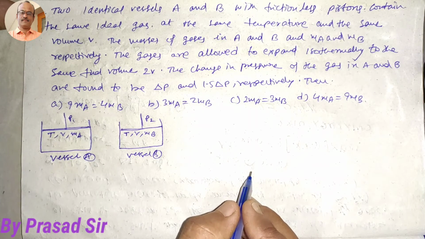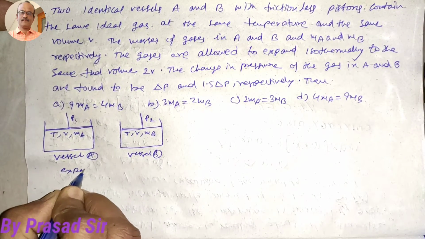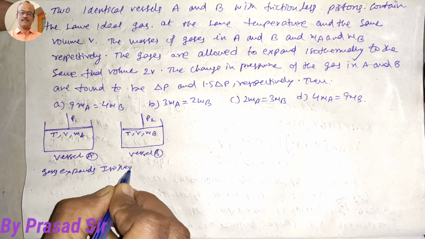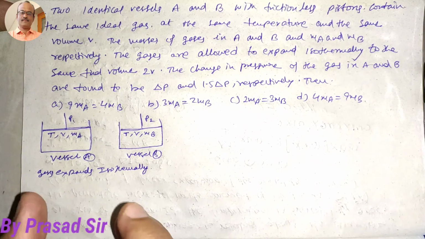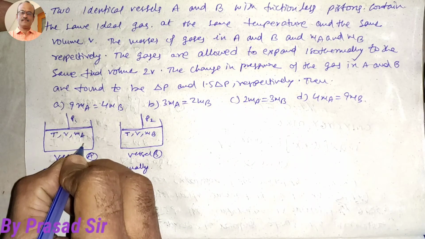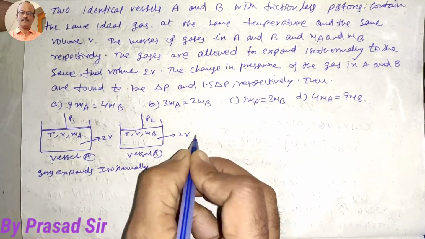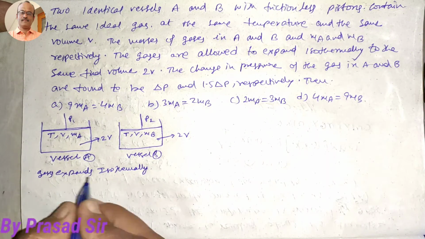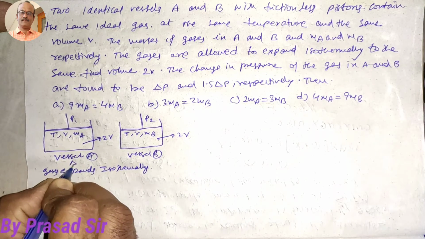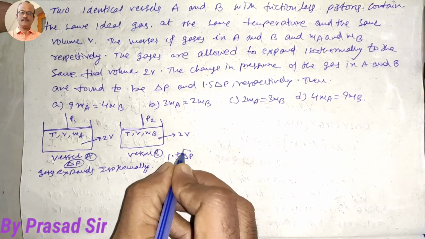The gases are allowed to expand isothermally, meaning expansion takes place at constant temperature. Then the volume of both changes to 2V. So a pressure change must take place. For vessel A the pressure change is delta P, and for vessel B it is 1.5 delta P.